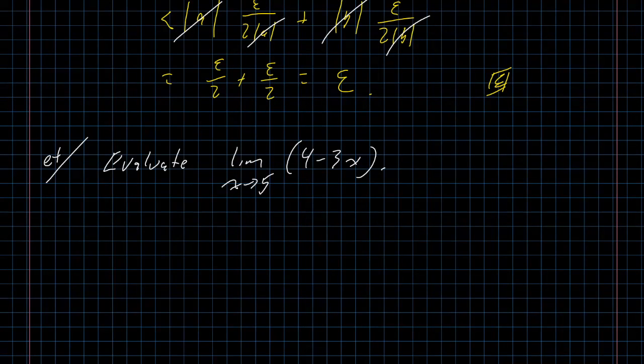And so let's go back to that limit that you've looked at before. The limit as x approaches 5 of 4 minus 3x. My instructions now say evaluate, because now I know stuff.